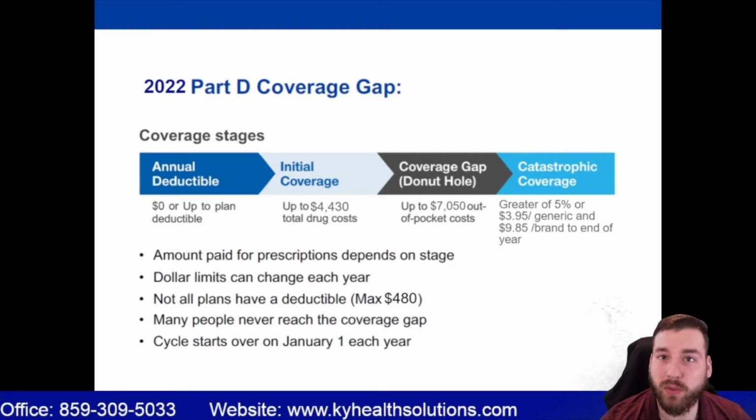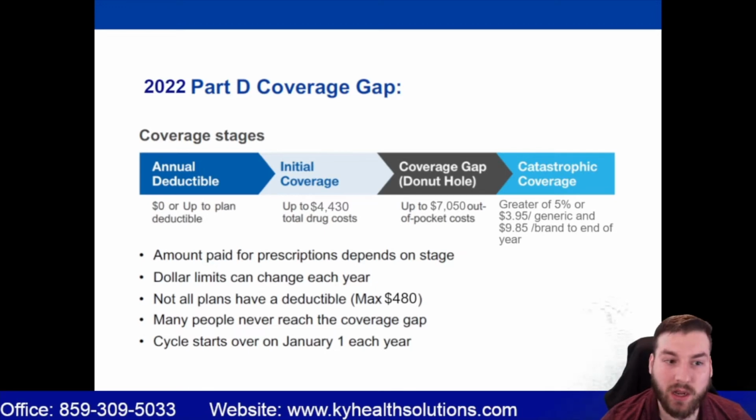If the amount that you pay goes up to $7,050, then you would move to the catastrophic stage, where you would pay the greater of 5% or one of those copays for generic or brands, respectively. These dollar limits usually change year over year. The amount that you pay for your prescriptions will change from plan to plan.